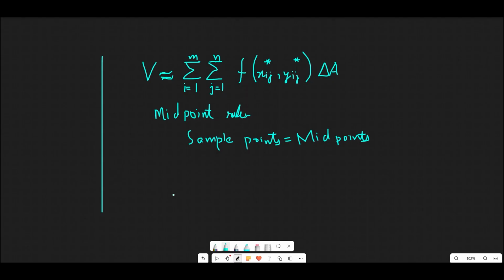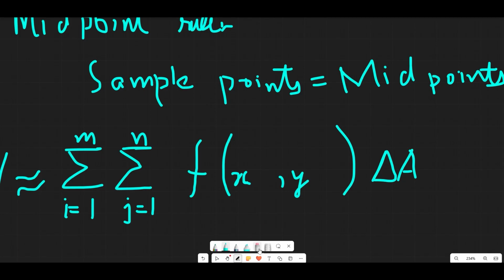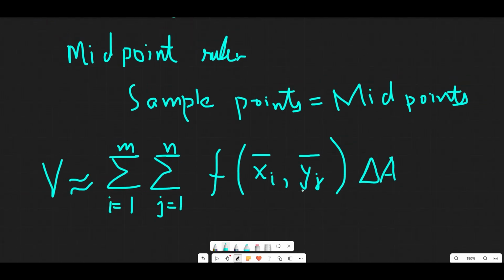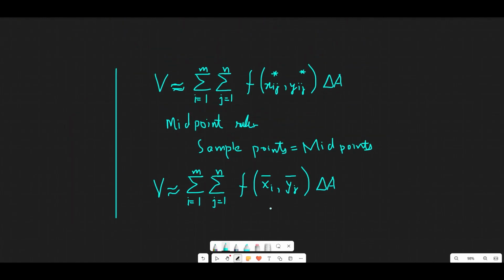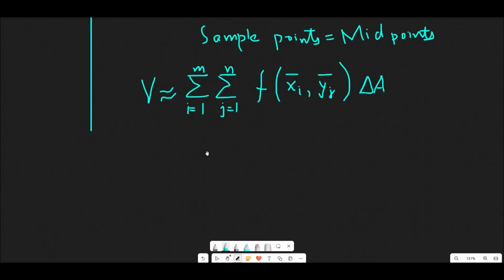To write this midpoint rule, we will use this formula, as you can copy this. It's almost the same formula. The only change in both is we will use the midpoints here. So what's the midpoint and how to calculate them?